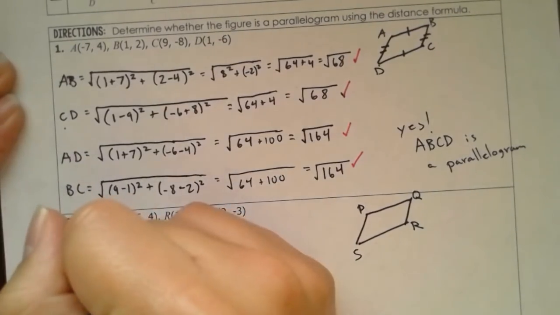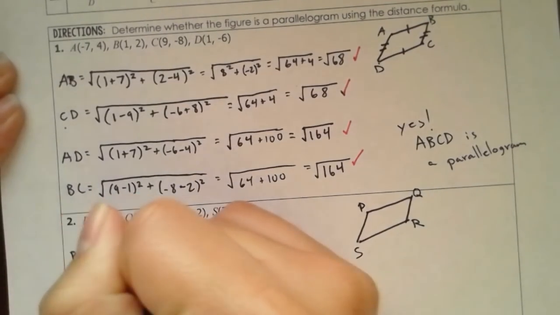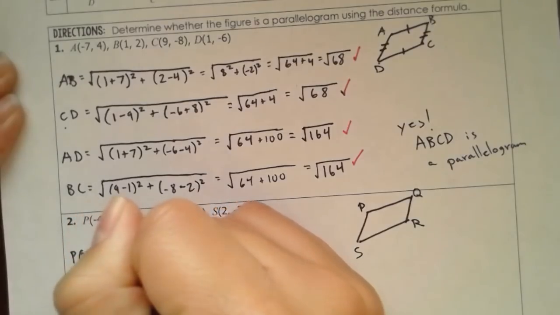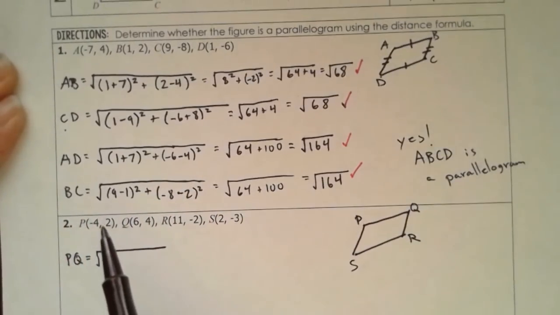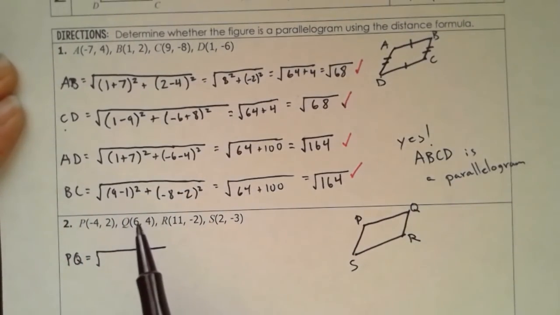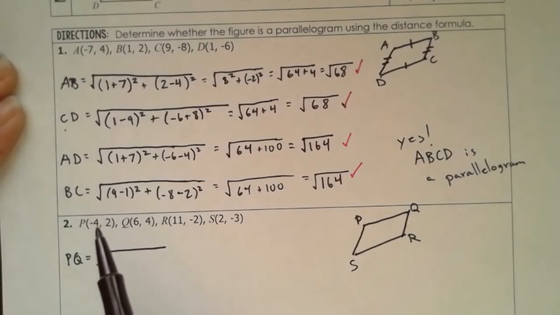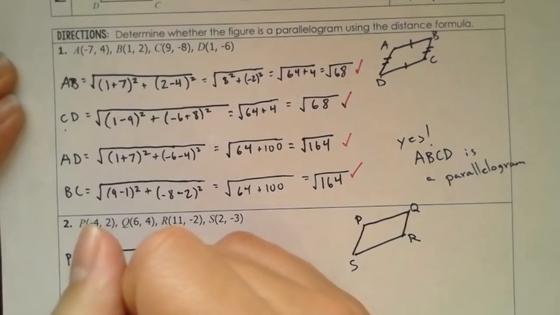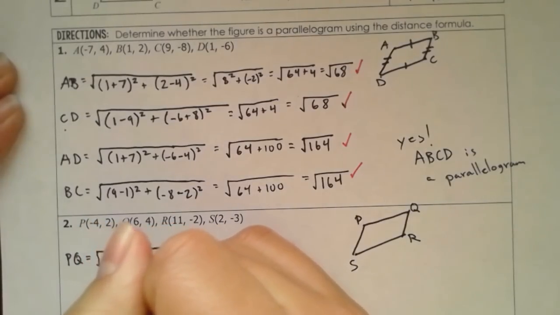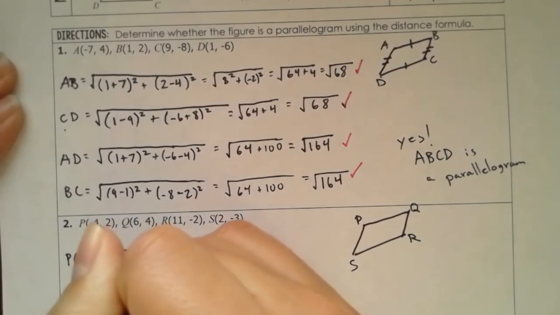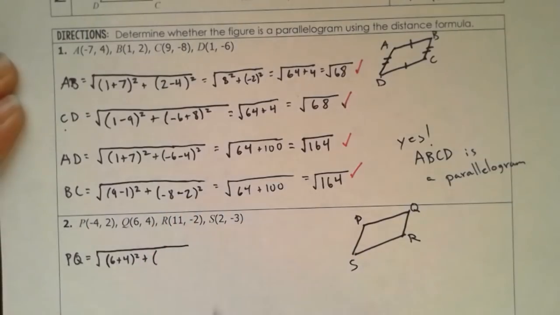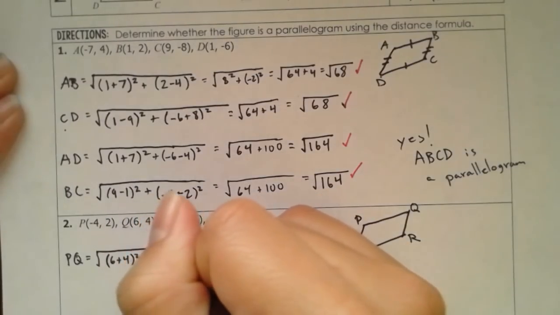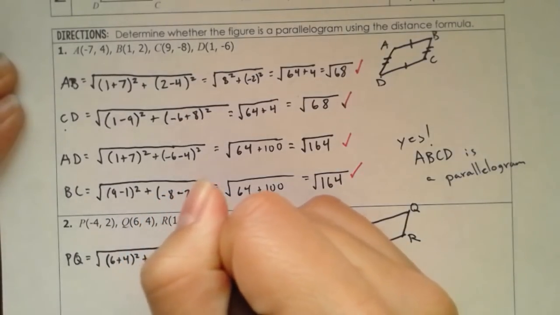So PQ, we find the length. PQ are the first 2 points here. So I have x2, 6 minus negative 4. Minus negative becomes positive, so 6 plus 4. 6 plus 4 squared plus y2, 4 minus 2 squared.